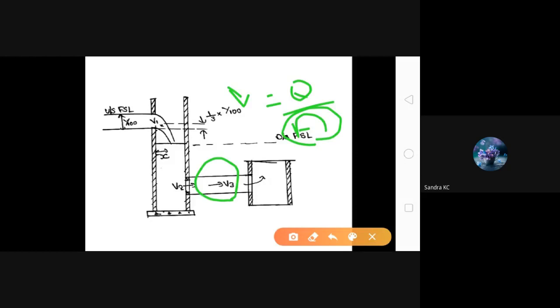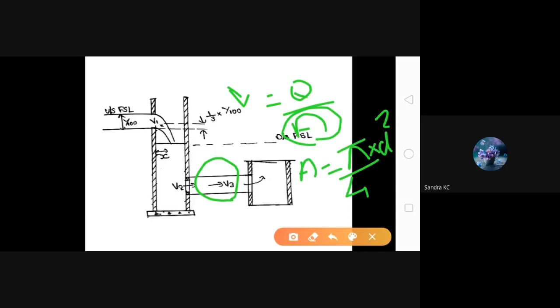What's the equation to determine the area of a round cross section? Pi by 4 into d square. Here d means the diameter of the pipe, which we take as 1 meter.